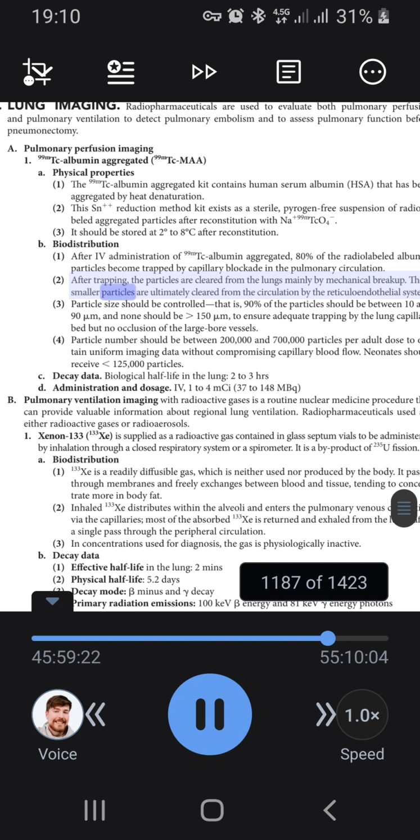These smaller particles are ultimately cleared from the circulation by the reticuloendothelial system. 3. Particle size should be controlled, that is, 90% of the particles should be between 10 and 90 micrometers, and none should be over 150 micrometers, to ensure adequate trapping by the lung capillary bed but no occlusion of the large bore vessels.